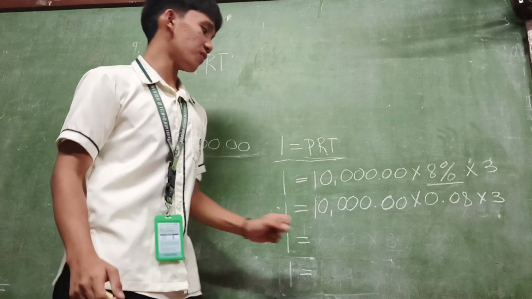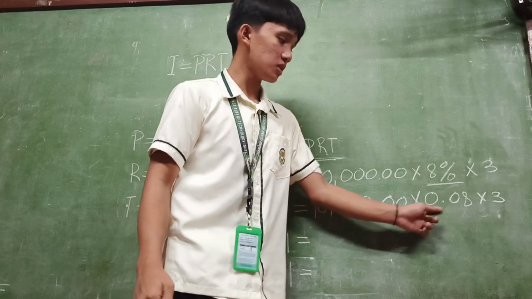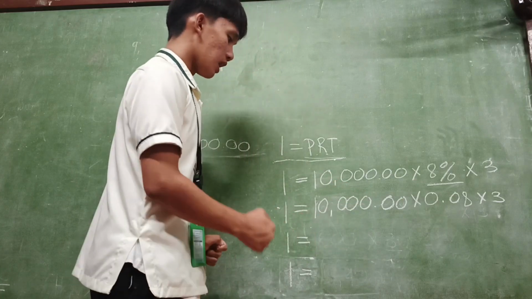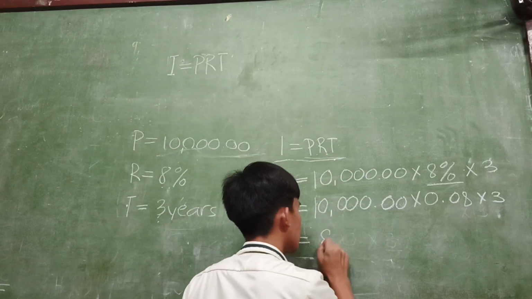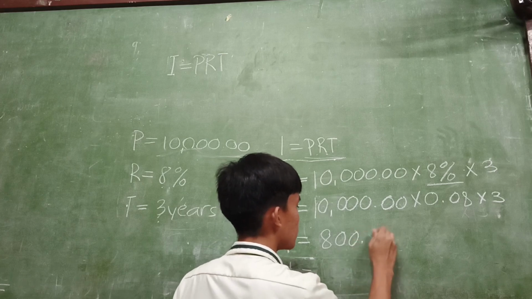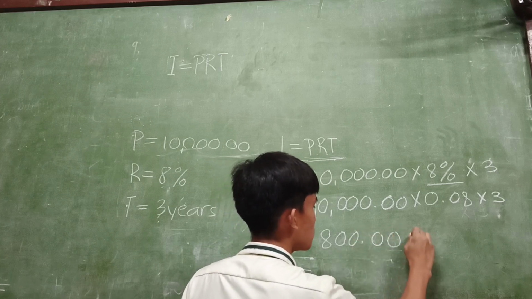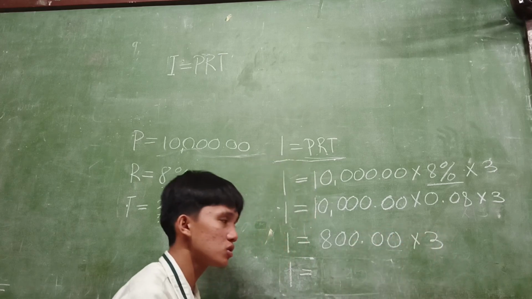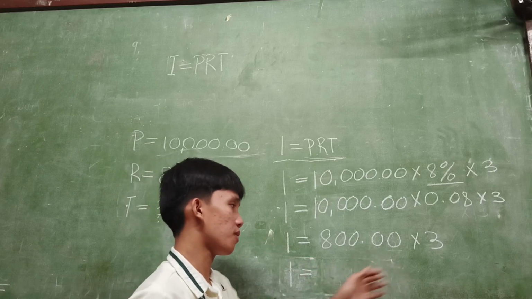And after, i-simplify na natin: 10,000 times 0.08. Ang answer is 800 times 3. Pagkatapos, i-simplify pa natin kasi masisimplify pa.